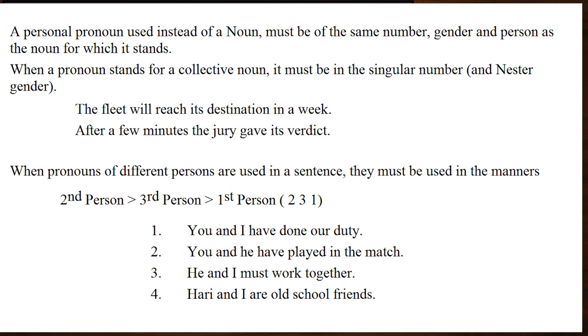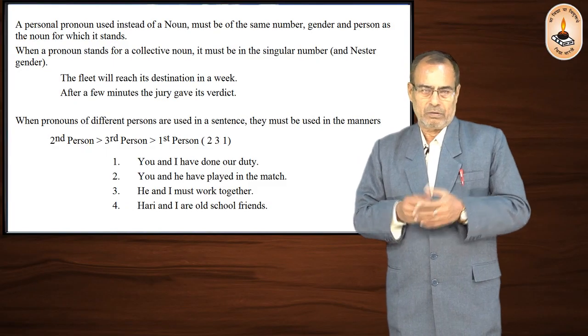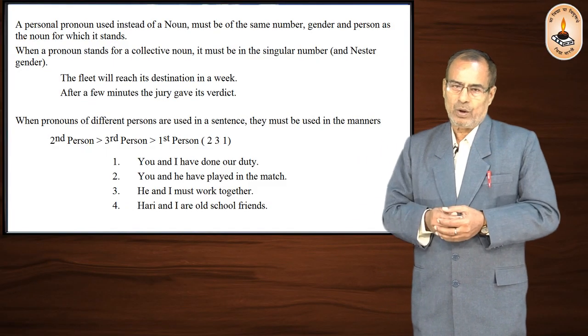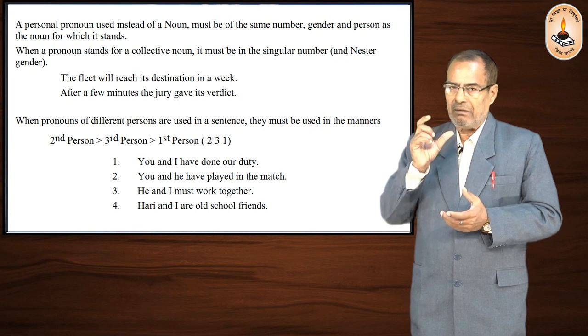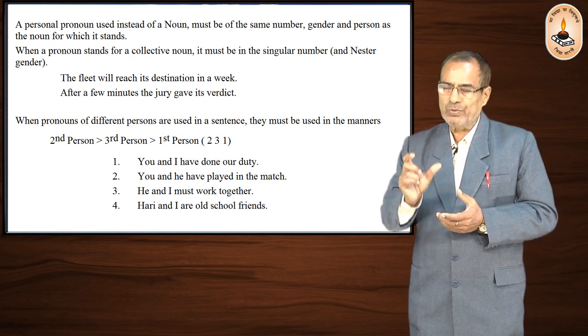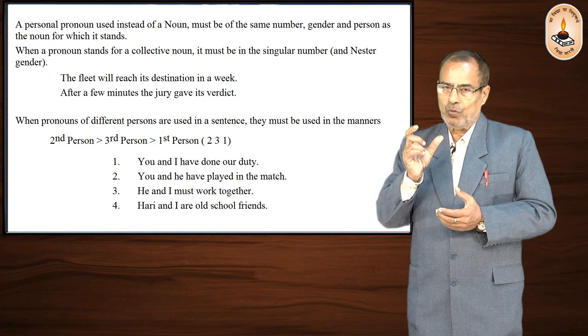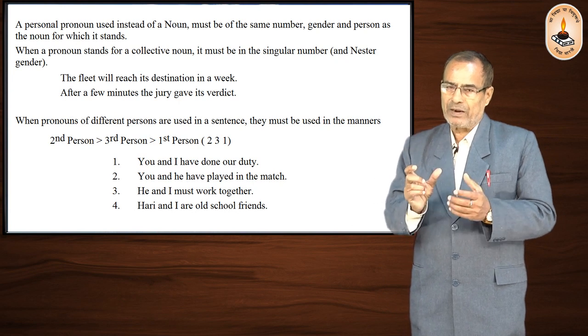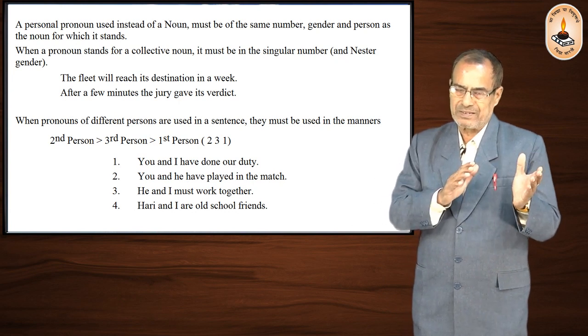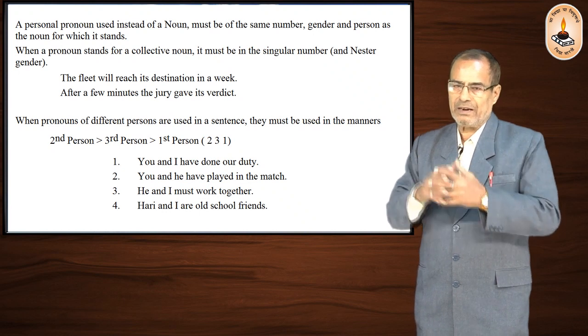Here Hari is third person and I is first person. So, in this sense, we can correct the use of personal pronouns when we use different persons in a single sentence.